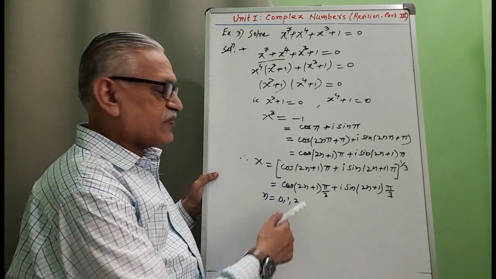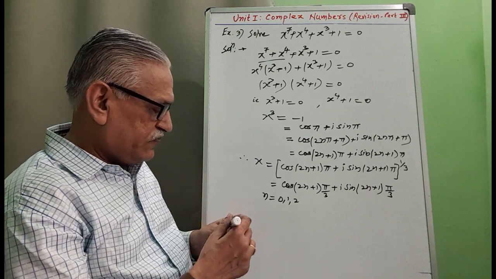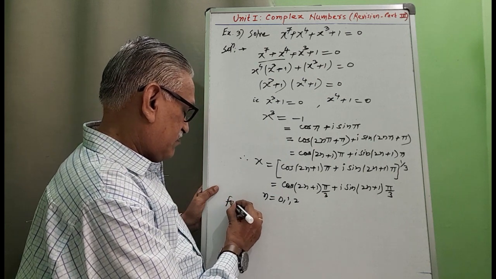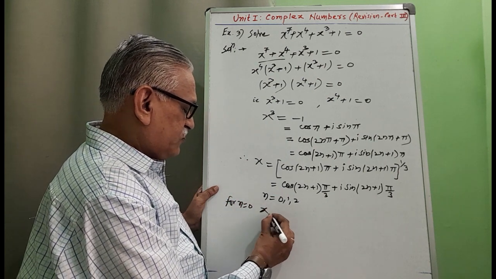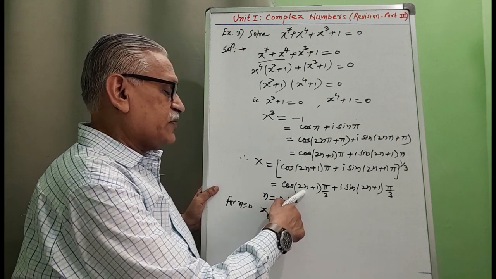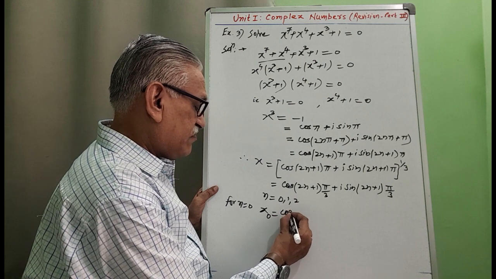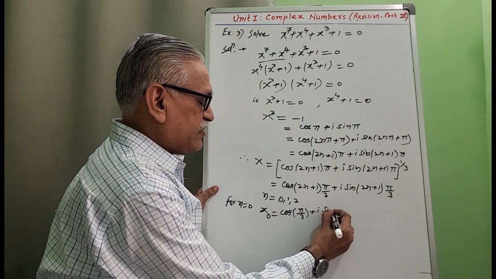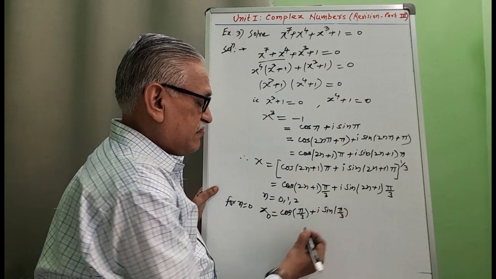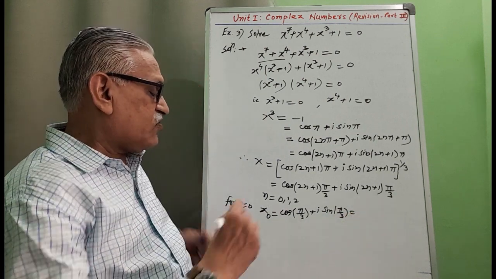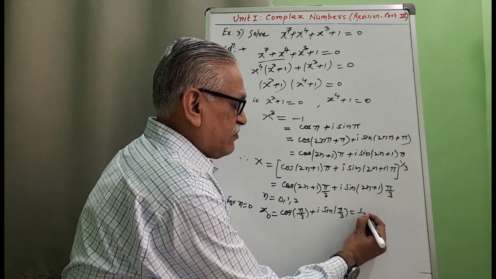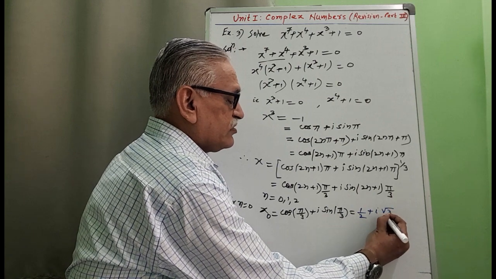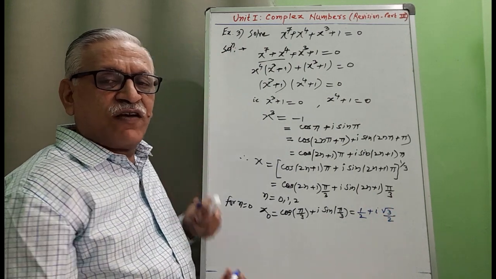When we substitute the first value n equal to 0, we get the first root x0, which is cos of pi by 3 plus I times sine of pi by 3, and that is equal to cos 60, 1 by 2, plus I times sine 60, root of 3 by 2. Therefore this is the first value.